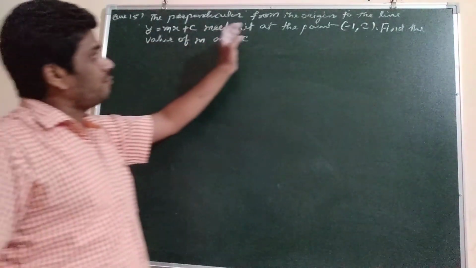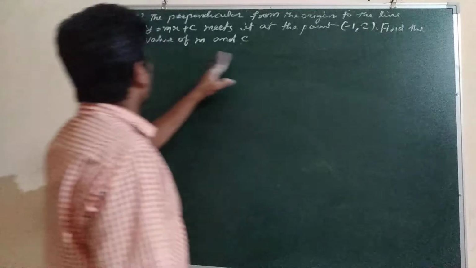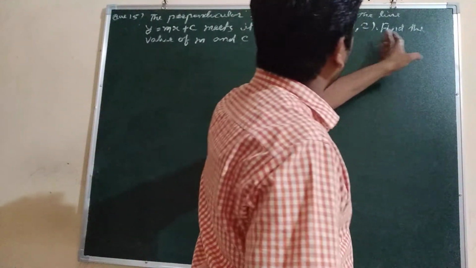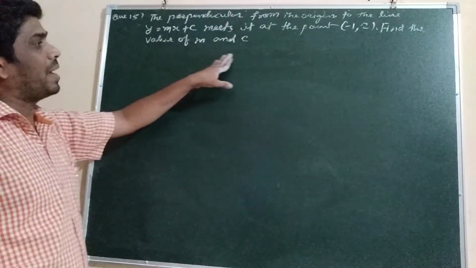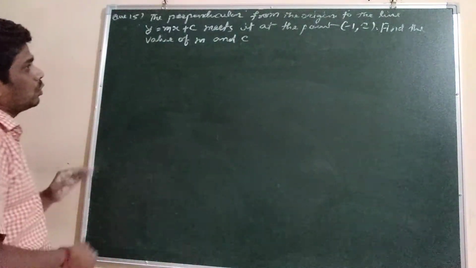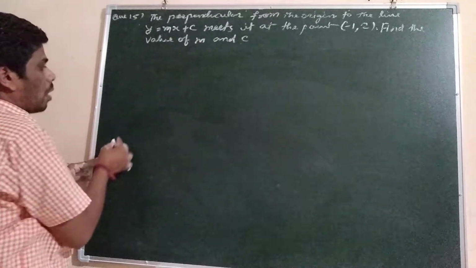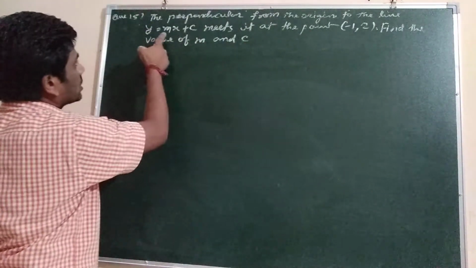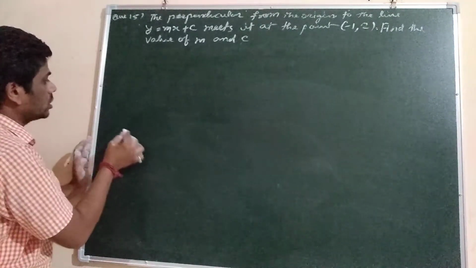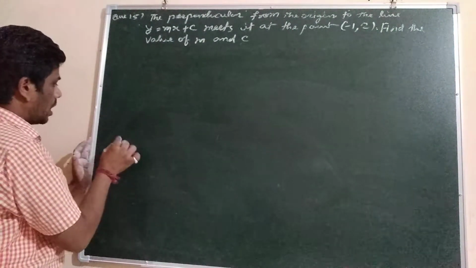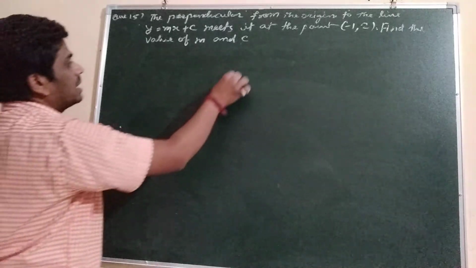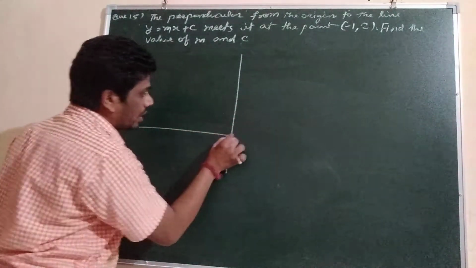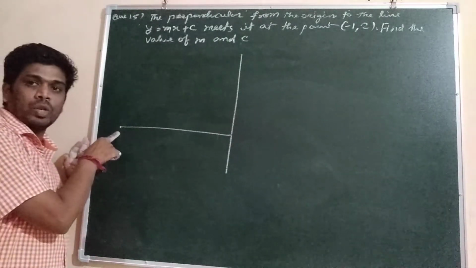Here the perpendicular from the origin to the line y equal to mx plus c meets it at the point minus 1, 2. Find the value of m and c. So which means there is given the perpendicular from the origin to the line y equal to mx plus c. Suppose this is the origin and this is the line. We have to draw the perpendicular from this origin.